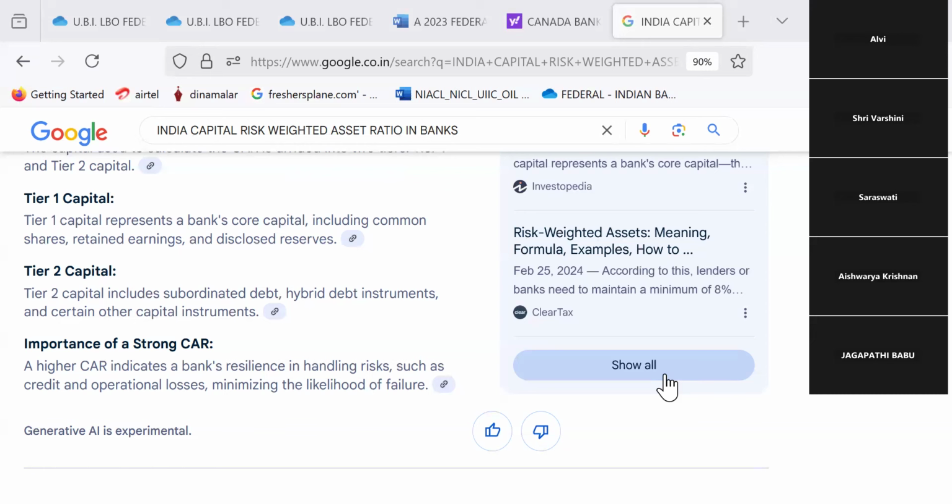Wi-Fi, sir. Which Wi-Fi? Sir, Airtel. Very good. I think all of them will agree, even Alvi and Varshini. Your voice is coming so very nicely, Aishwarya, loudly. Thank you. Very good, very happy.